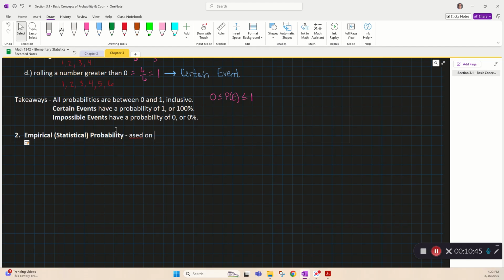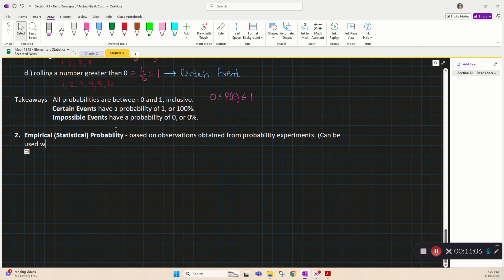This is based on observations obtained from probability experiments. Now, we typically use this when outcomes are not equally likely.